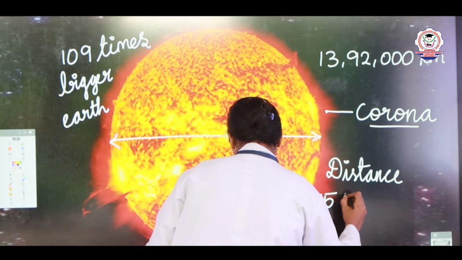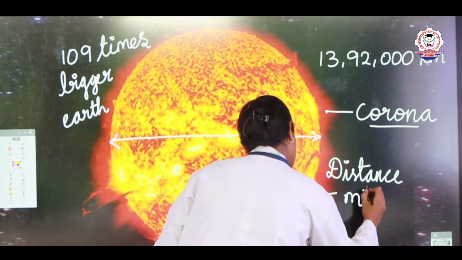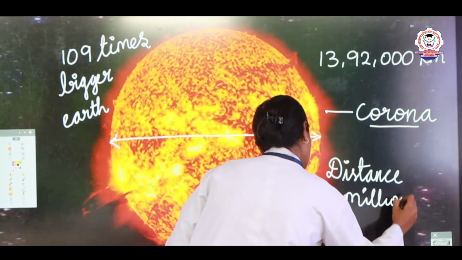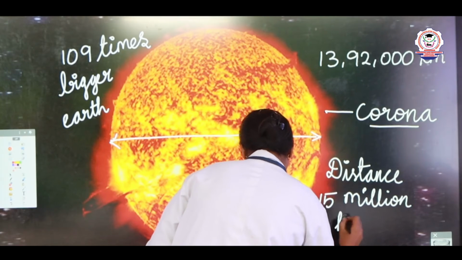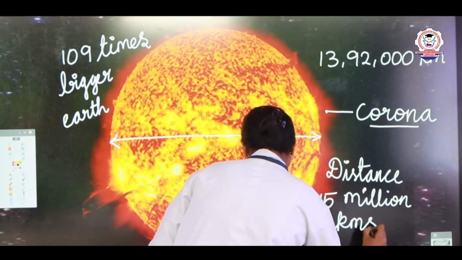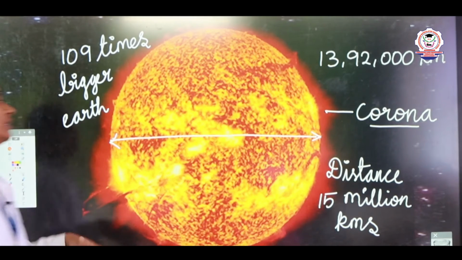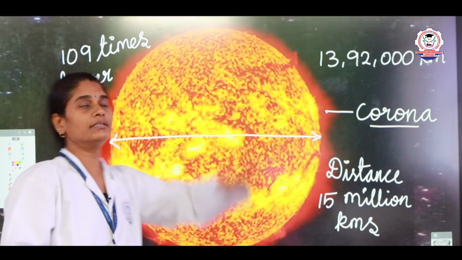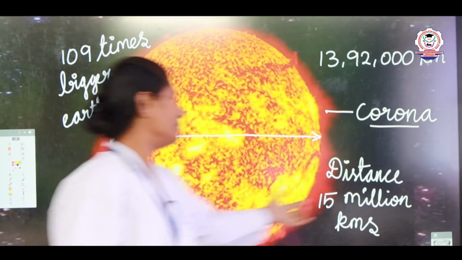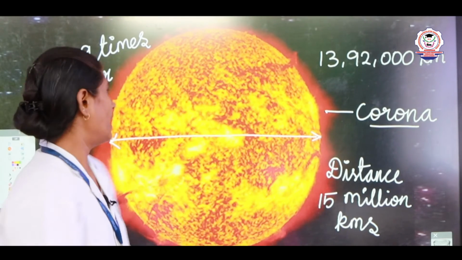The distance between the sun and the earth is about 15 million kilometers.